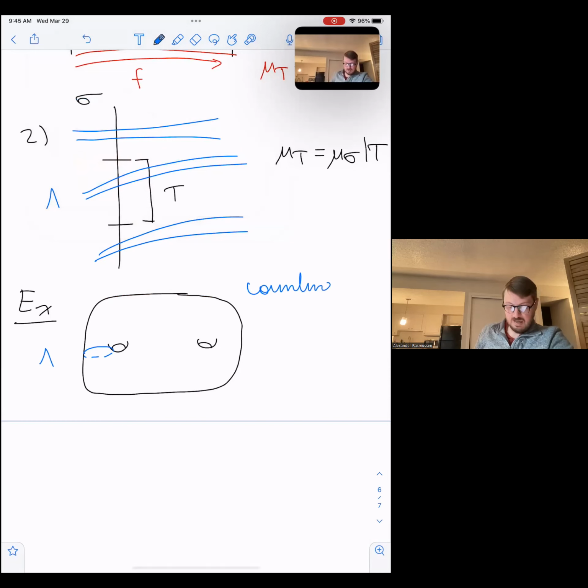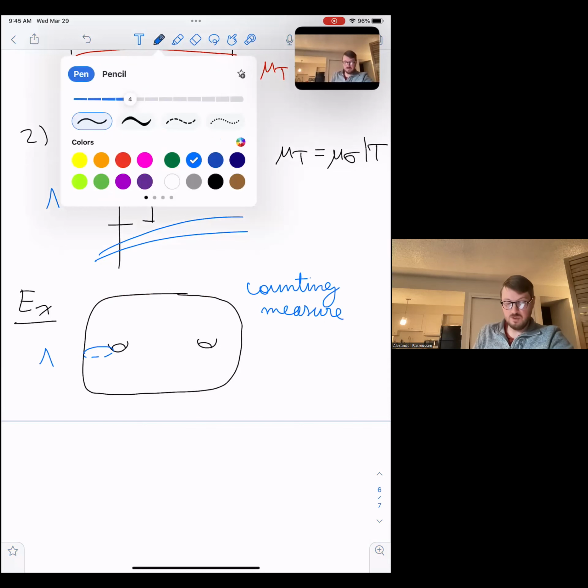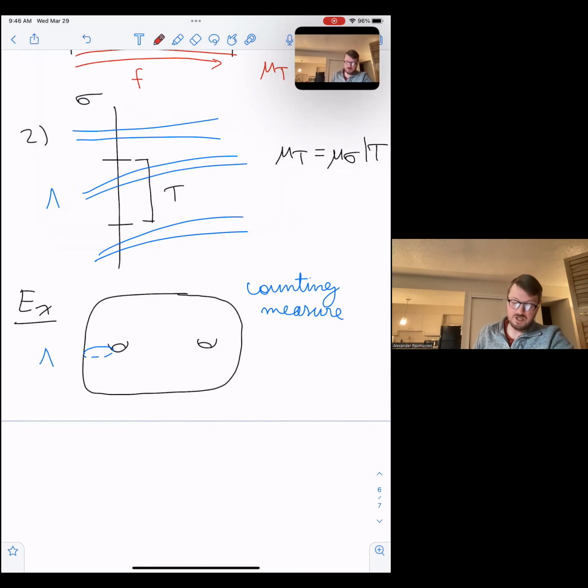Well, we can assign the counting measure. So the counting measure counts points of intersection with lambda. Okay, so the name makes sense. So maybe we have some transverse arc tau, and our transverse measure will just count the points of intersection. Here there are 3 of them, 1, 2, 3.